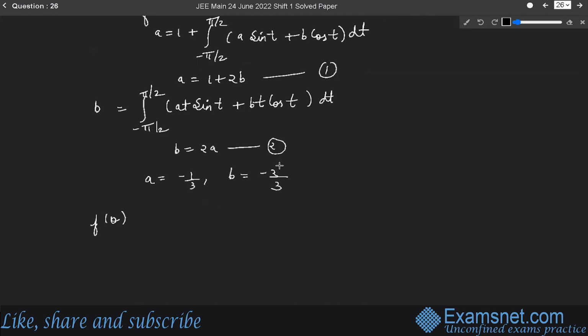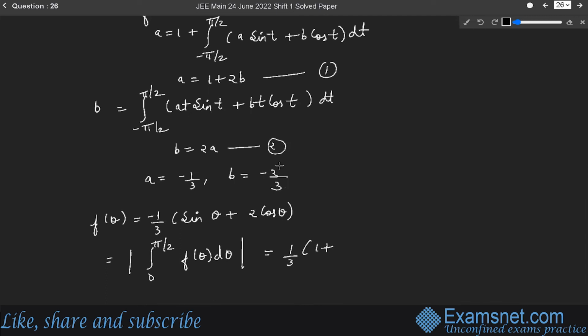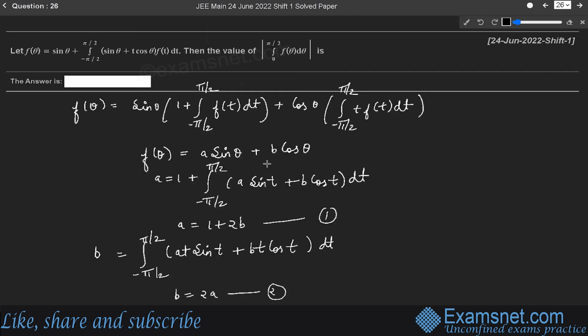So f of theta will be equal to minus 1 by 3 into (sin theta plus 2 cos theta), and the modulus of the integral of 0 to pi by 2 f of theta d theta will be 1 by 3 into (1 plus 2 into 1). So it will be equal to 1.